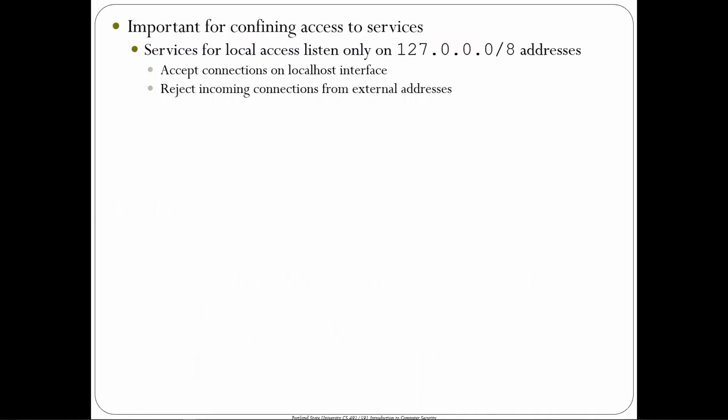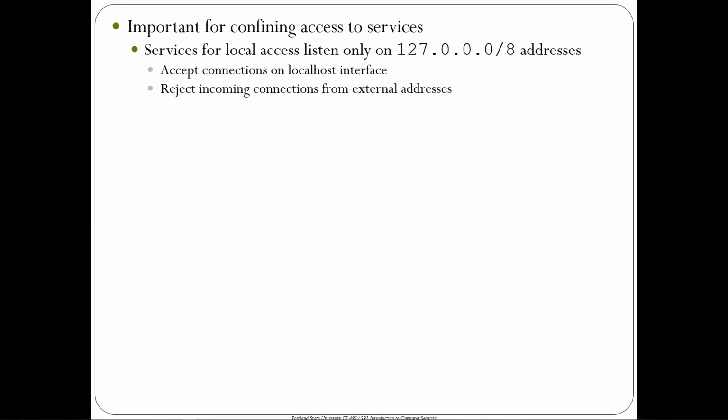This is important when you want to control access to services on a particular machine. For services that you're running on your machine that you only want programs running on that machine to access, you would typically want those servers to listen on the loopback interface, because no external machine can connect to your local interface.